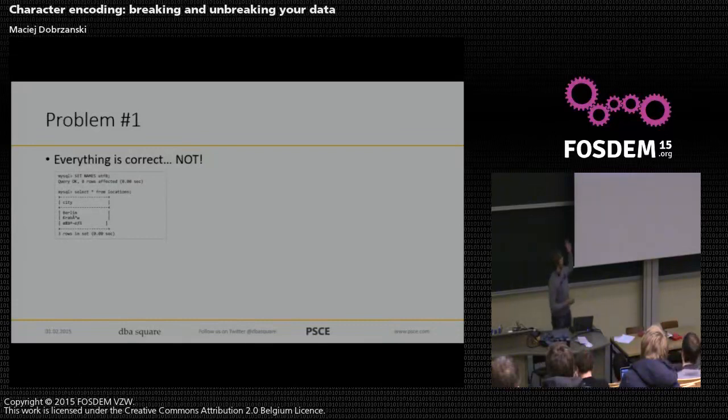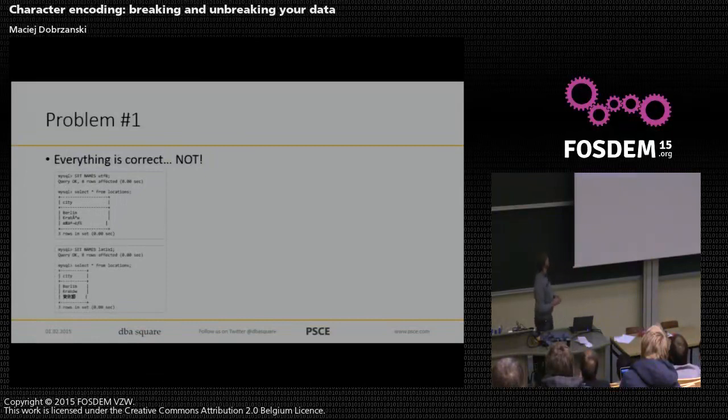So we set the character set to UTF-8, because we expect input from all around the world in different languages, and MySQL converts our cities into garbage. That is definitely not right. Interestingly, if we set it to Latin 1, we get all the right things. So the data is kind of correct, but in a kind of weird way.